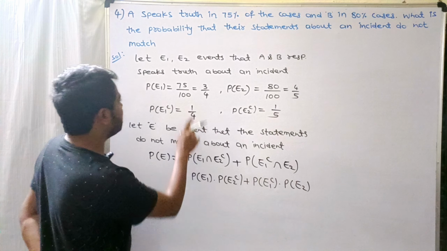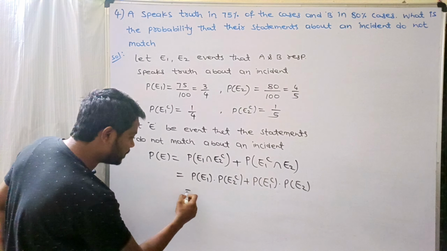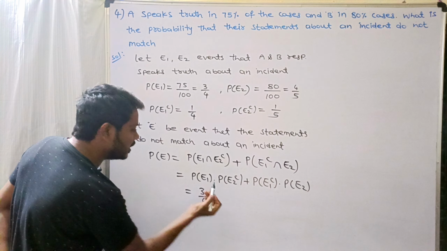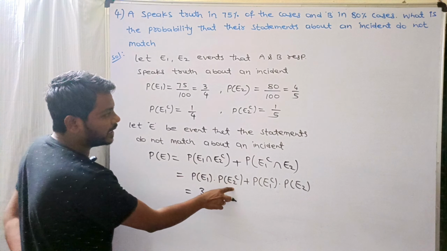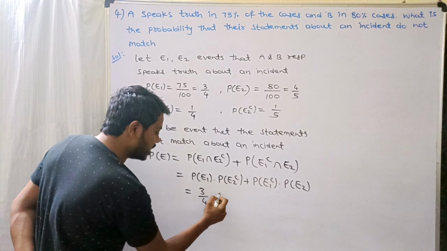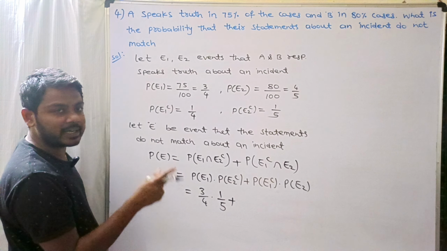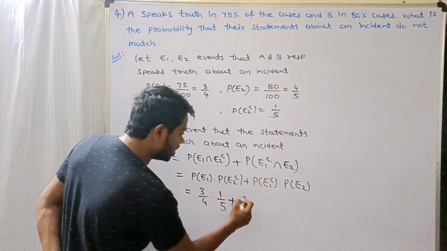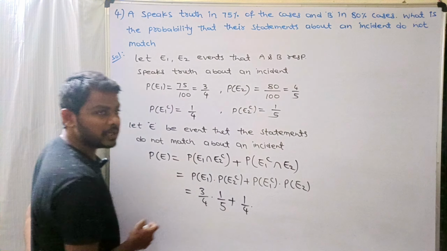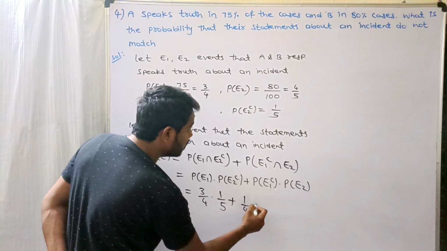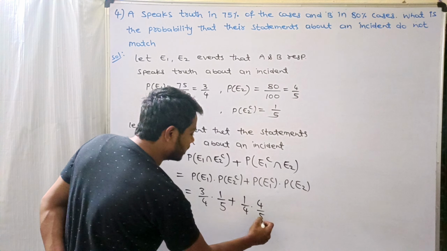So given that P of E1 is 3 by 4, into P of E2 complement, not E2, it is 1 by 5, plus P of E1 complement, not E1, 1 by 4, into P of E2, 4 by 5.